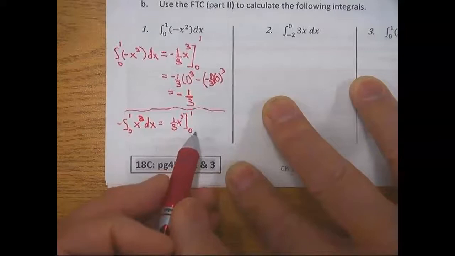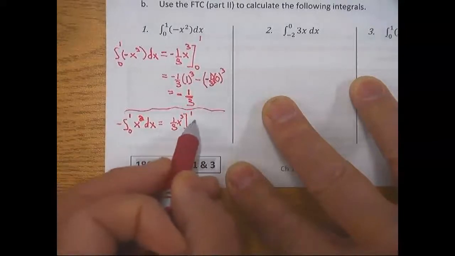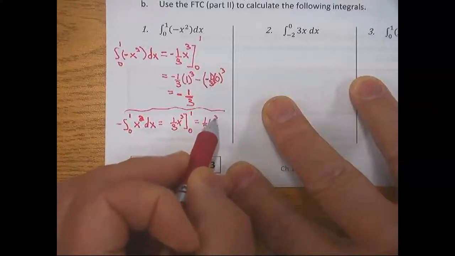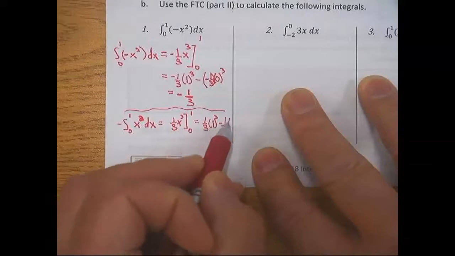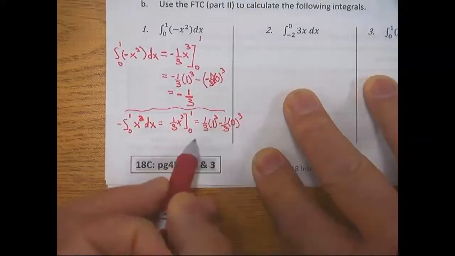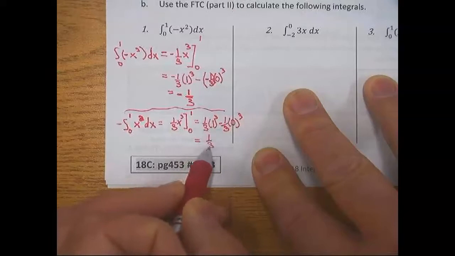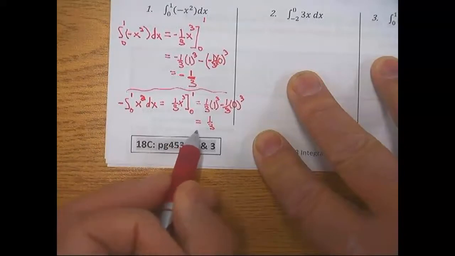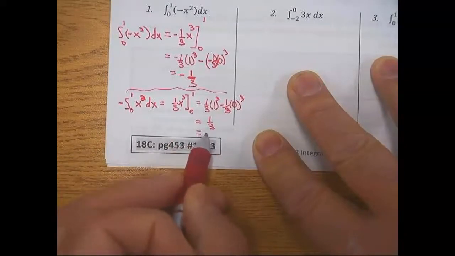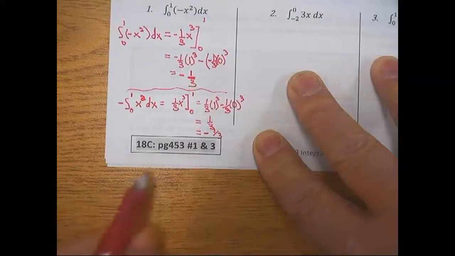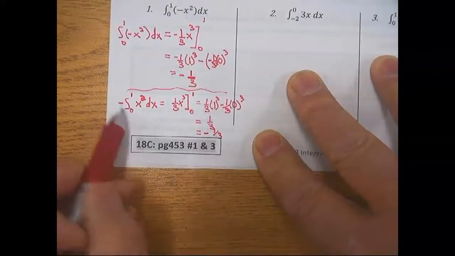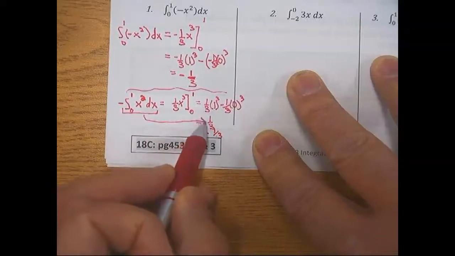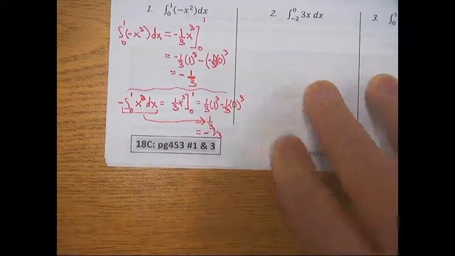Then if you evaluated that, that's going to equal 1/3 x cubed minus 1/3 0 cubed, so that's equal to 1/3, and then you're multiplying that integral by -1. So it's the same value. Once I got this part, that's that, then I multiplied it by -1. So it's the same value.